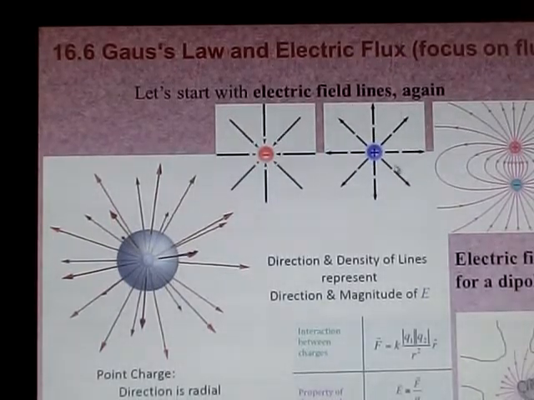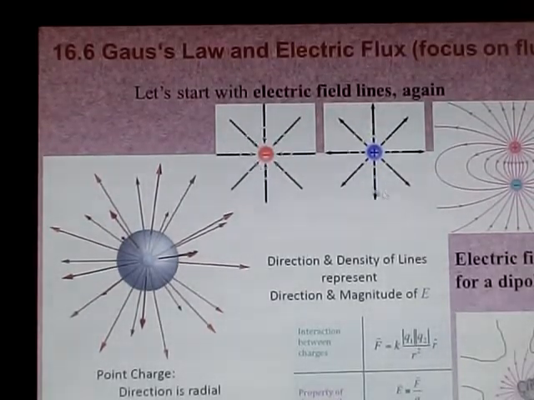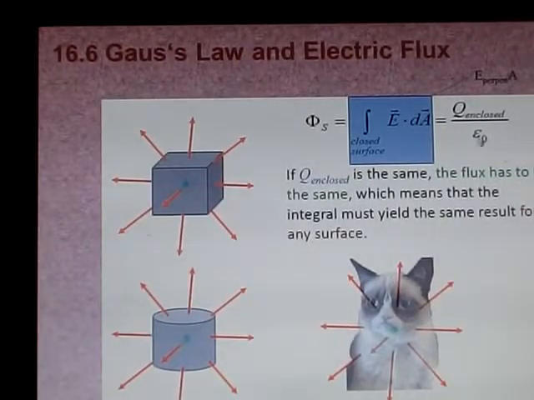And Gauss's law simply says that the electric flux through a surface is simply the total charge enclosed by the closed surface, divided by a constant which we call epsilon 0, and I will show you the constant. Here it is, epsilon 0.